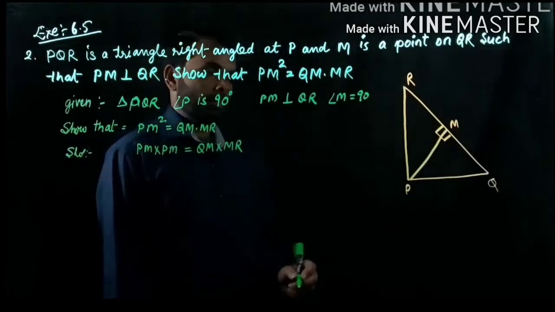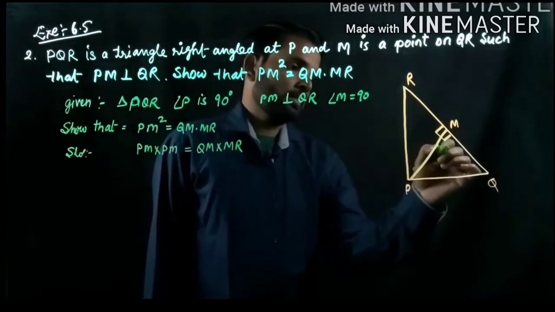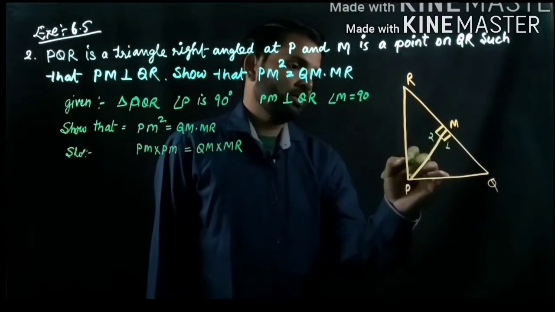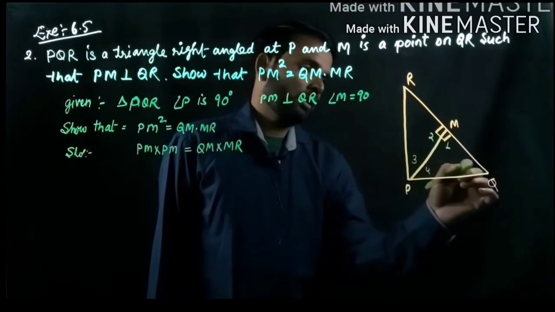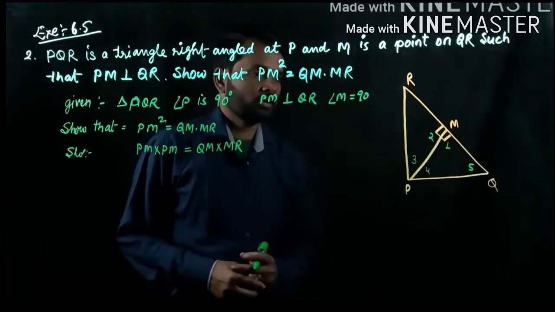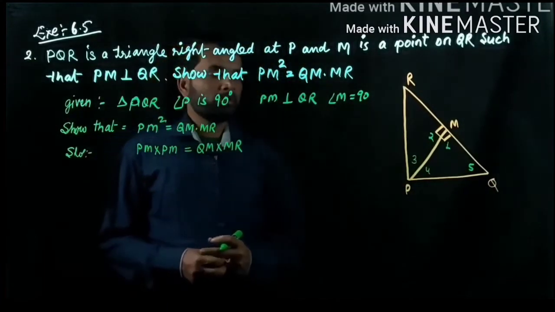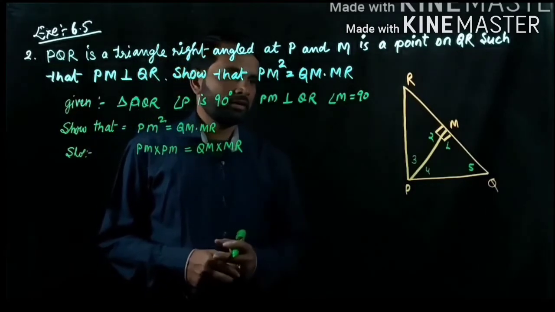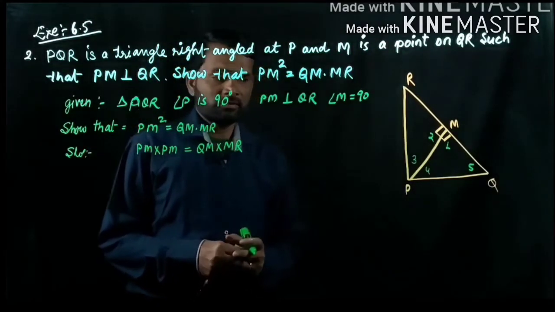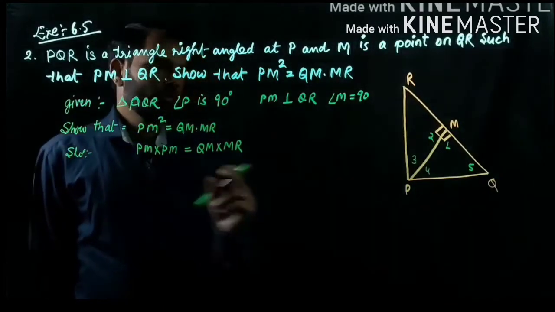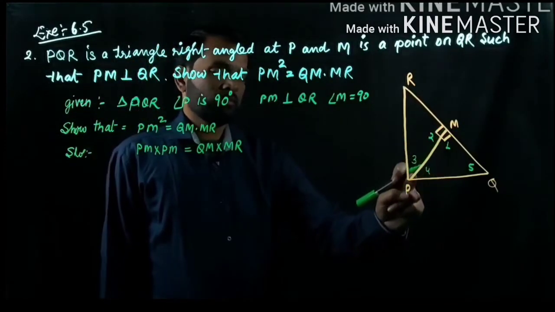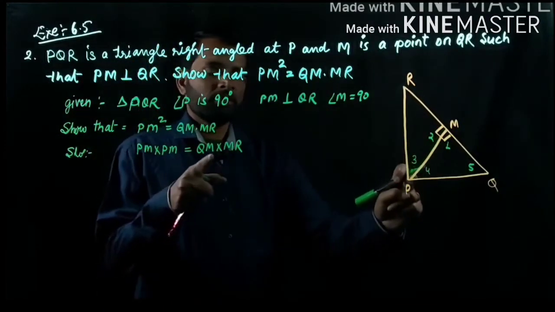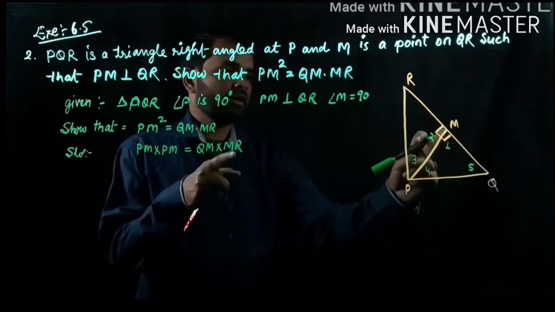Now it is given the angles 1, 2, 3, 4 and 5. Why are the angles named? In the solution you will understand why. Now this is the side PM, and again PM and QM, and QM and QR.